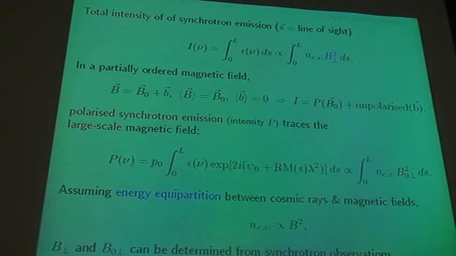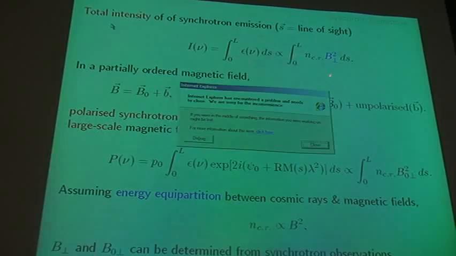It will have the power-law spectrum, it will be synchrotron emission, but it will be unpolarized. So a partially ordered magnetic field produces partially polarized synchrotron emission. This means that from the amount of polarization, in the ideal case, you can determine the ratio of B small to B large. Fantastic data.